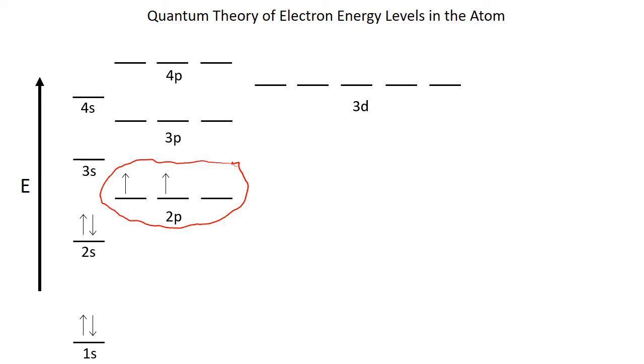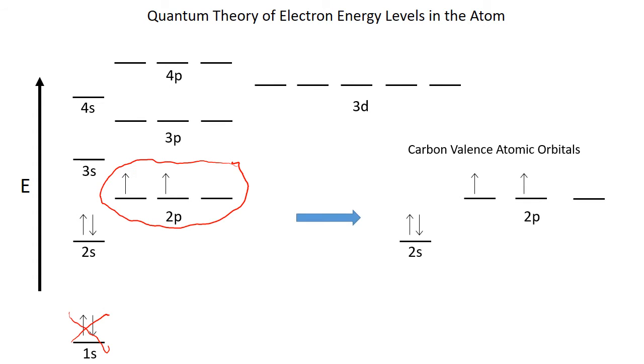So we don't need to consider the 1s electrons. Those are there, but they're in the core, so we're not going to consider those. We'll X those out. And the valence electron orbital energy diagram looks like this. I have only 4 valence electrons: my pair of electrons in 2s, and then my 2 single electrons in 2p.